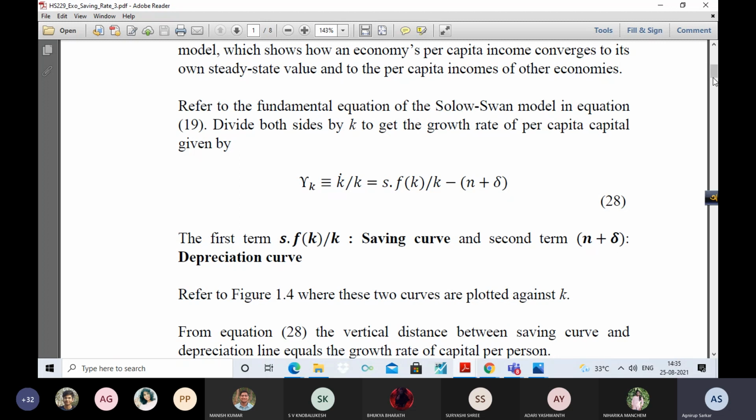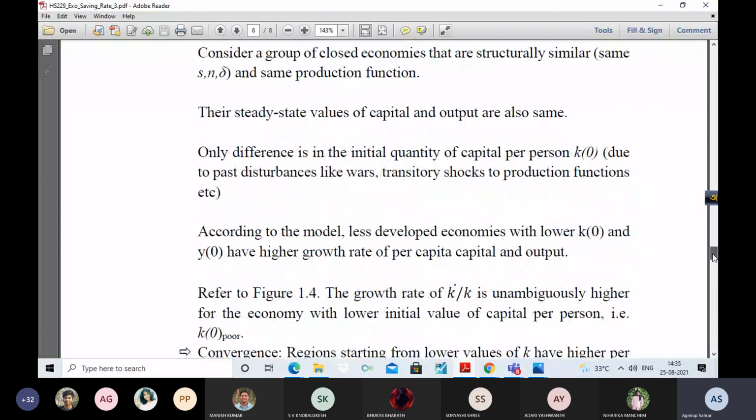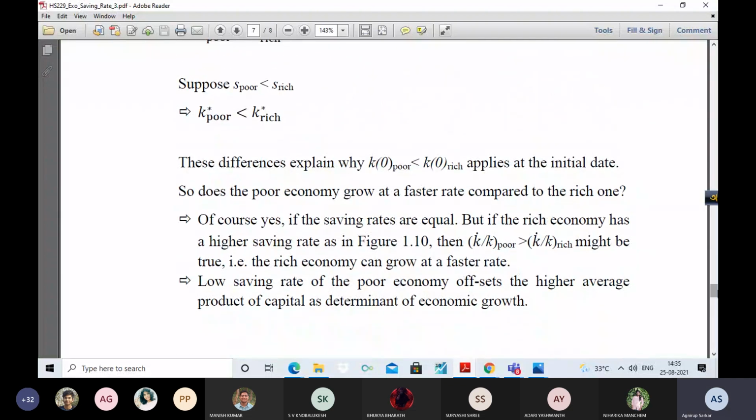Okay, so from today's lecture, what we have established is the following. We started with this question: does a poorer economy actually grow at a faster rate compared to a richer economy? A short and simple answer would be yes, if the saving rates are equal.